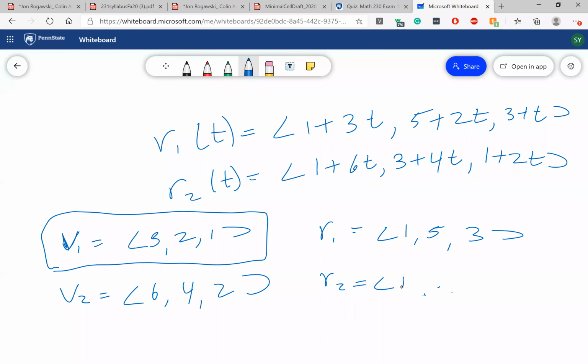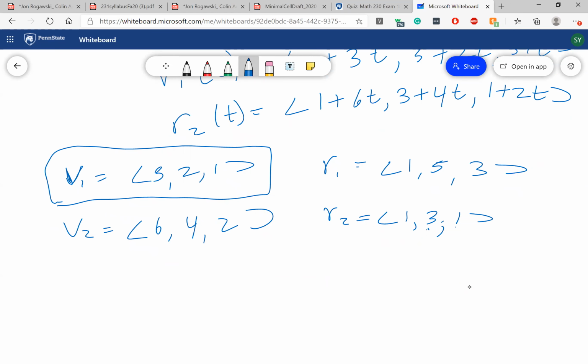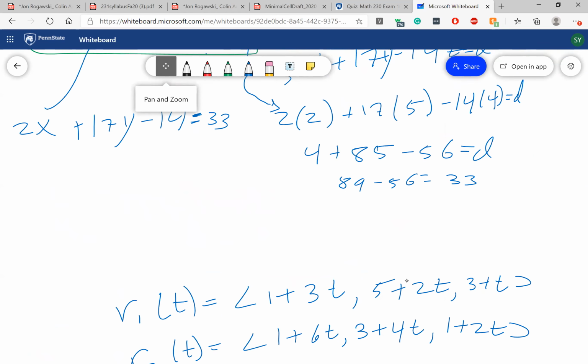That's going to be the point 1, 3, 1. So far, so good? So you just plugged 0 for t and then you got r1 and r2? Yeah. Okay. So now we're looking at the vector from r1 to r2, and that over there is this step.